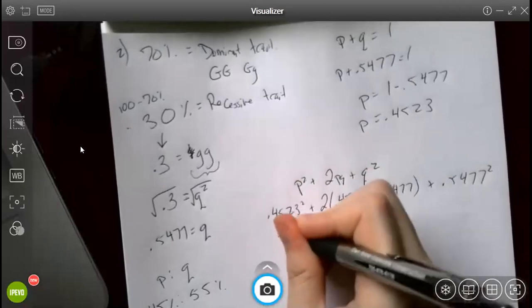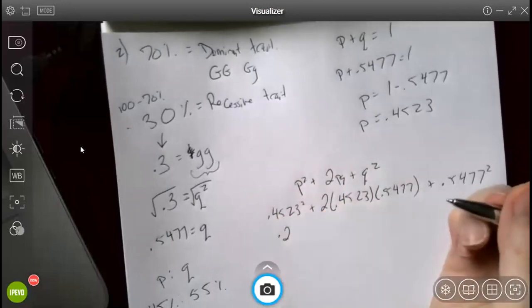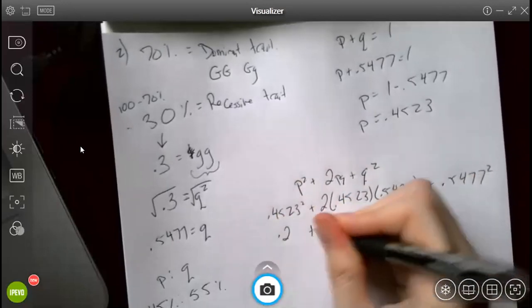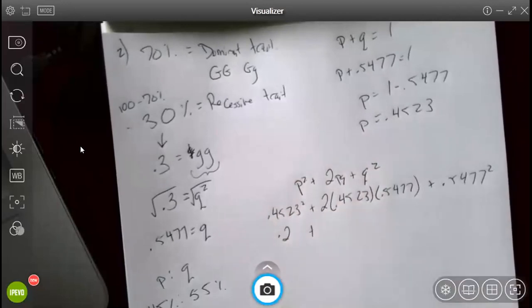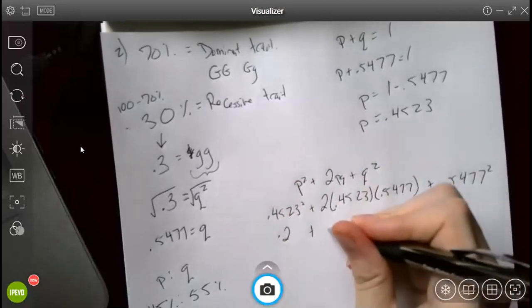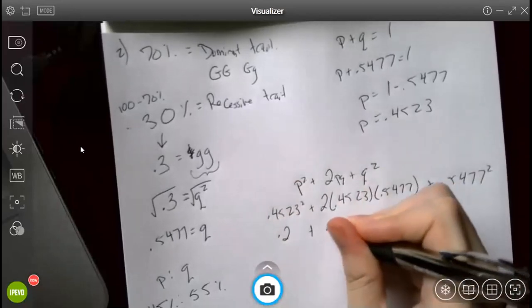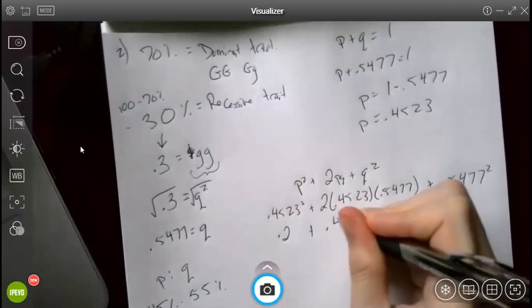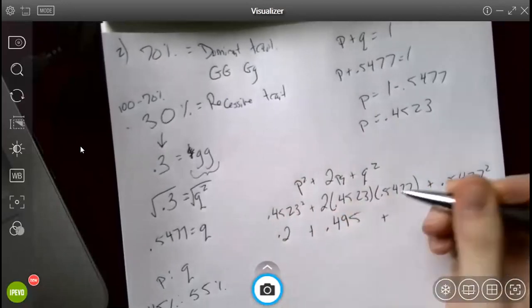So that'll get roughly 0.2 for my p squared. 2 times 0.452 times 0.5477 is about 0.495.